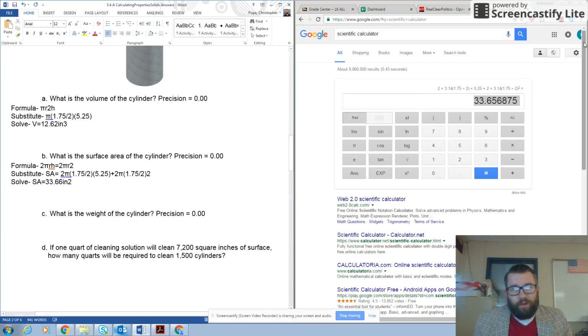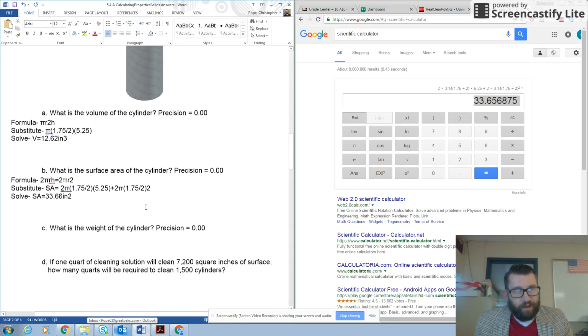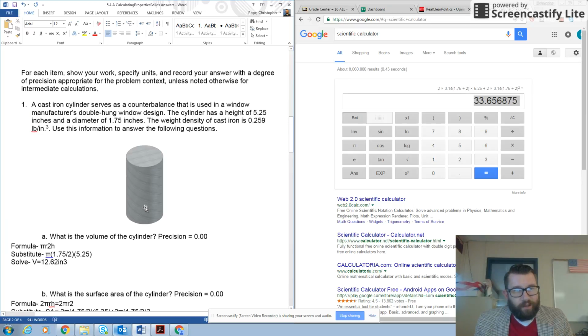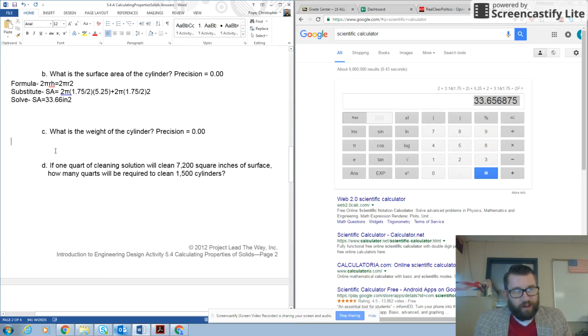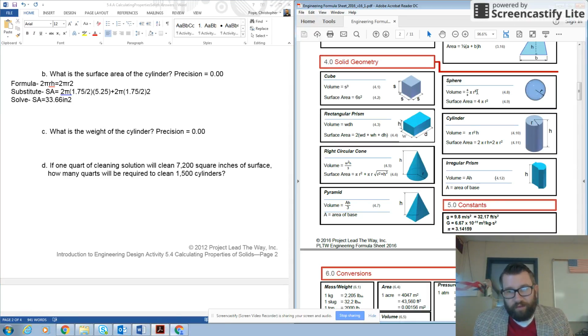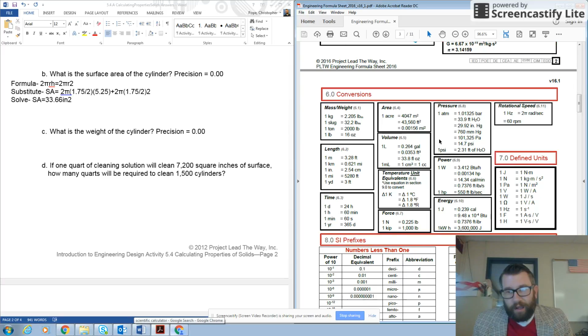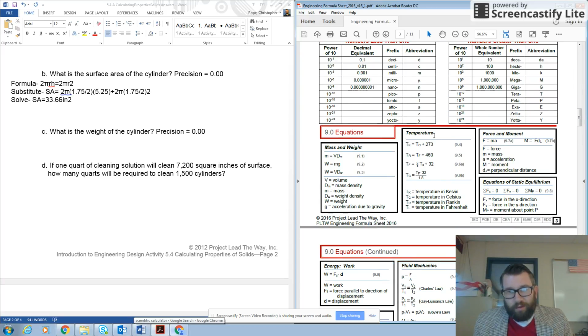All right, next one. It says, what is the weight of the cylinder? In this case, I'm not given a weight, so I'm going to have to find it with the density formula. If I go back to my formula sheet and scroll down to equations, you'll notice right here, W equals V times dW.